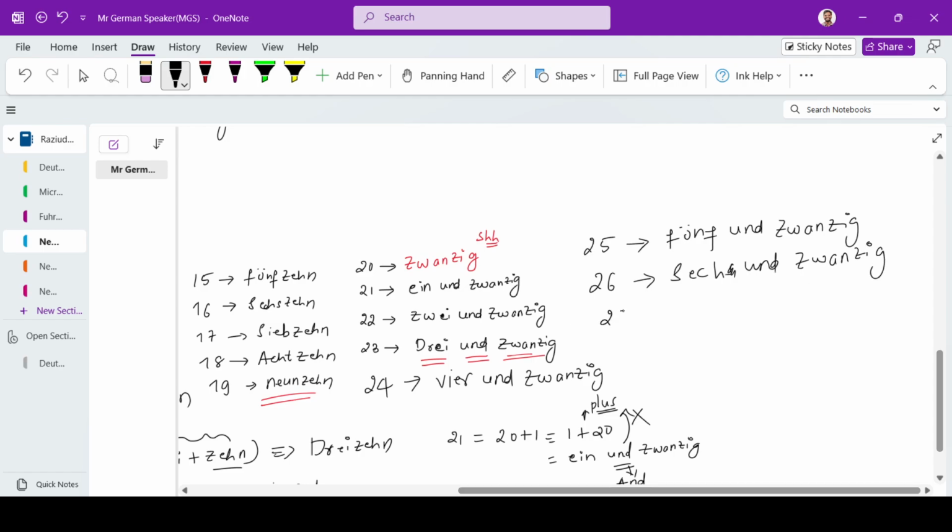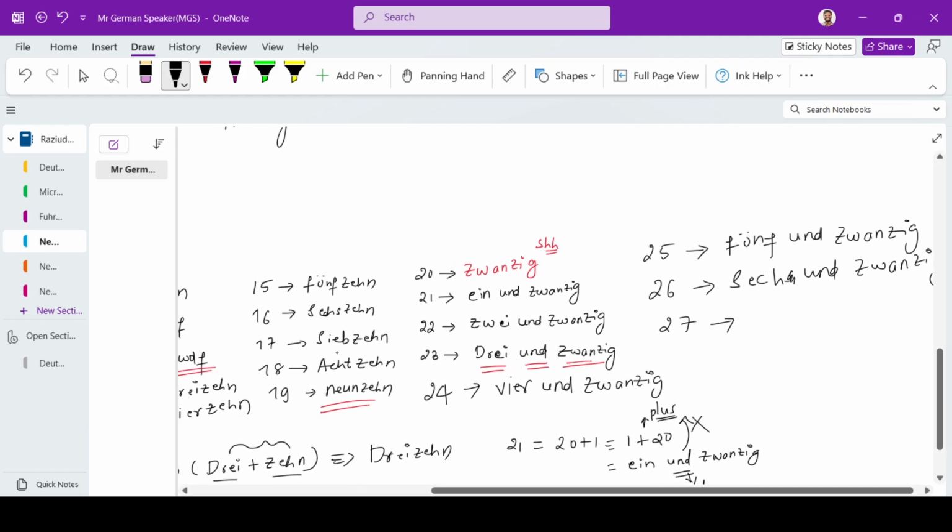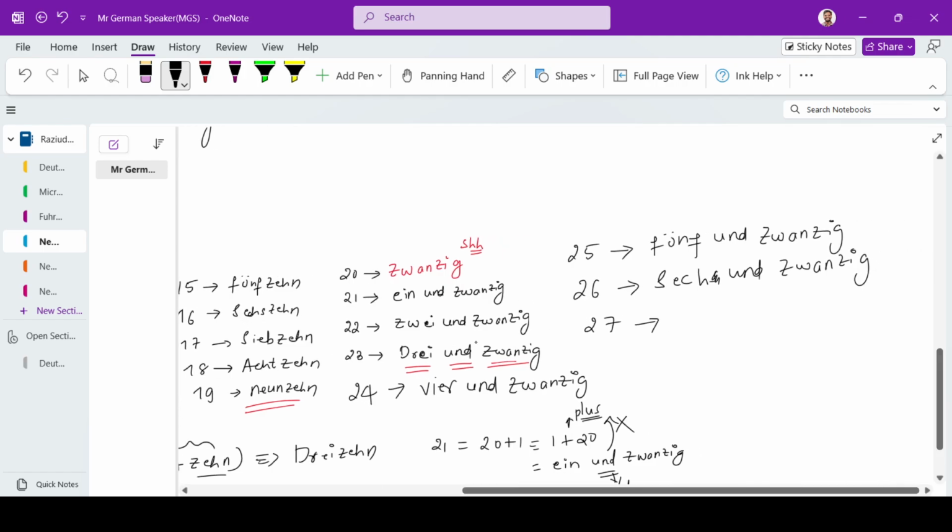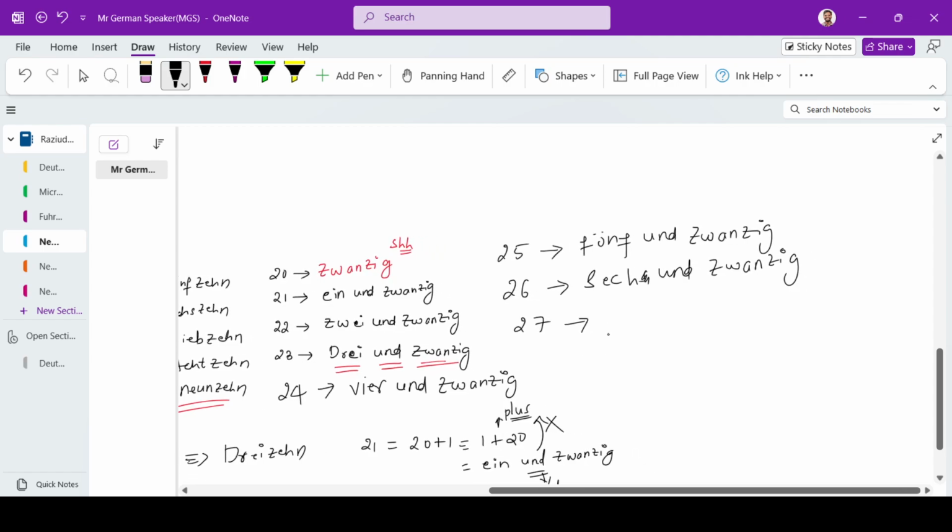We have 27. Now, don't write siebzehn, as we have seen. For 17, we had written siebzehn, and for 16, we have written sechzehn. So 27 will not become siebenundzwanzig with the wrong form. It becomes sieben und zwanzig. That's what you have to remember. A few numbers have to be very specific, but over time you will get them.